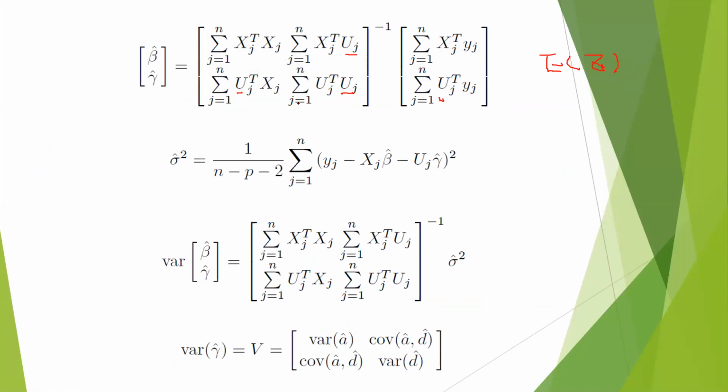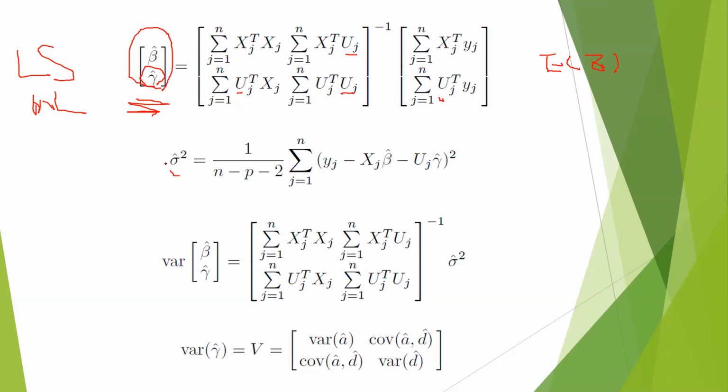If we have this information, we can use least squares or MLE to get the closed-form solution for the parameters here. Here, gamma represents the genetic effects, including the additive effects and the dominant effects, and we can use least squares estimation to estimate these parameters.